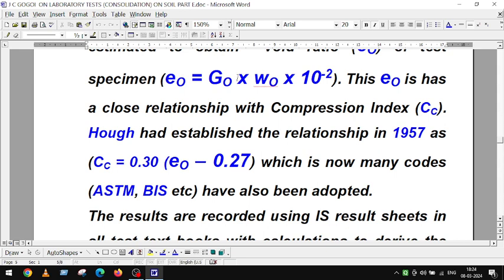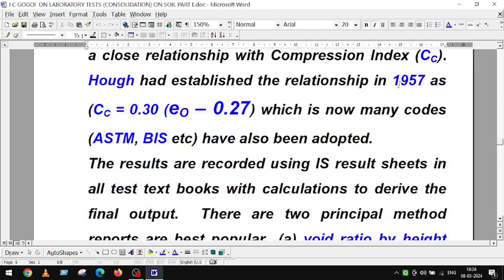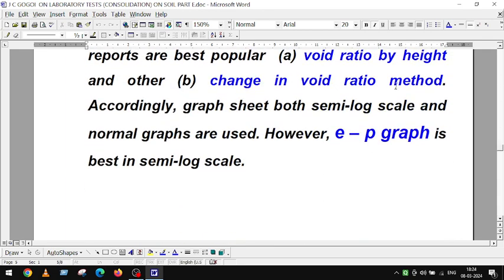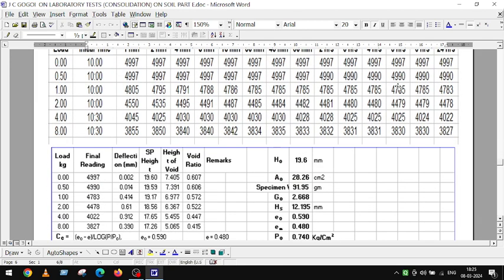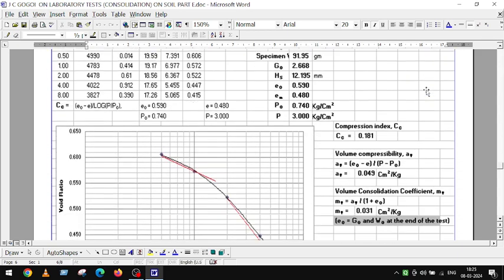The soil moisture is not in percentage; to convert to decimal I am putting it here. This should be recorded because that value is more important. That should be the minimum void index.